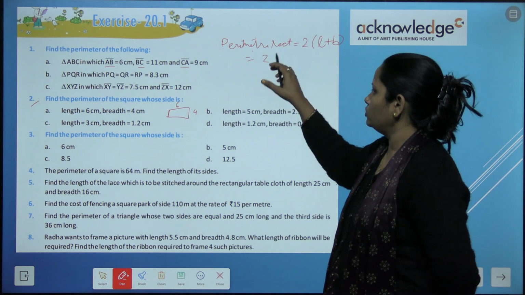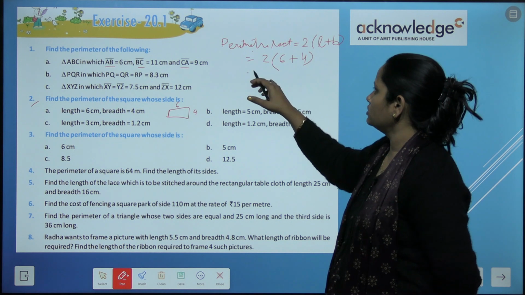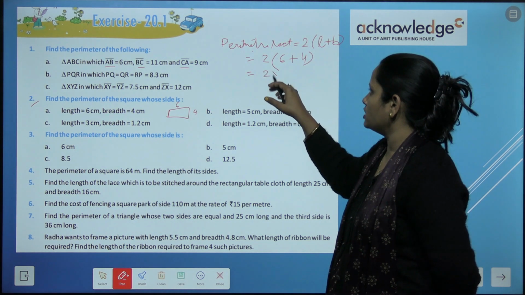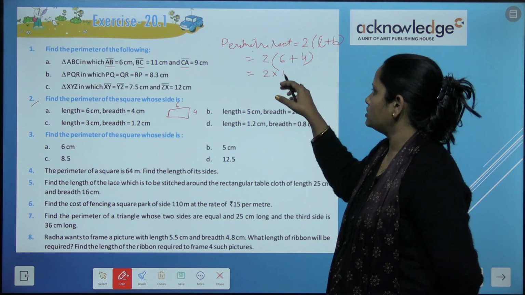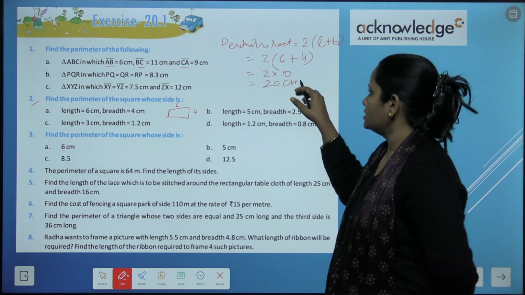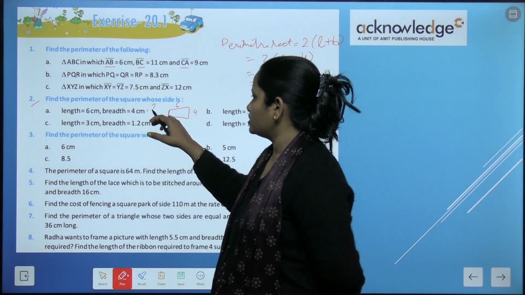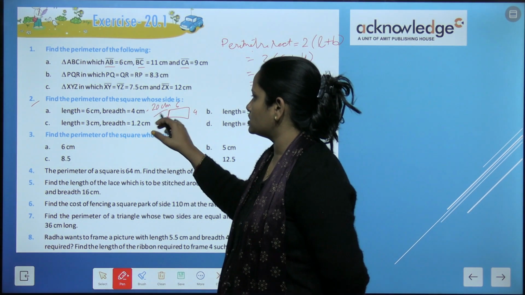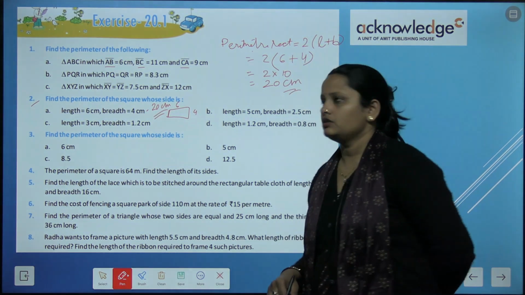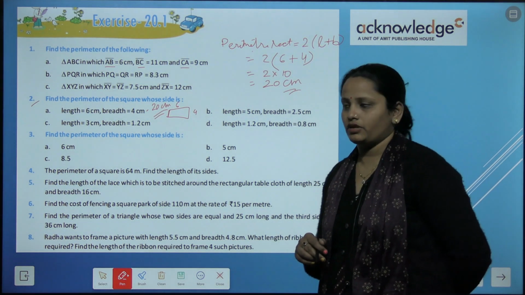Now length is 6 and breadth is 4. So here 2 multiply 10, so it will be 20 centimeter. So the answer is 20 centimeter, the perimeter of this square, means rectangle.